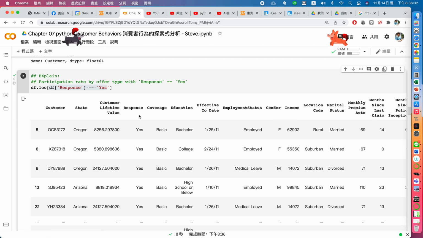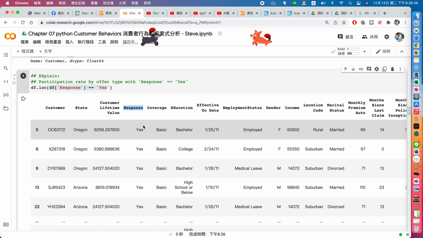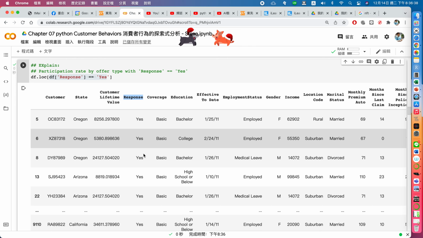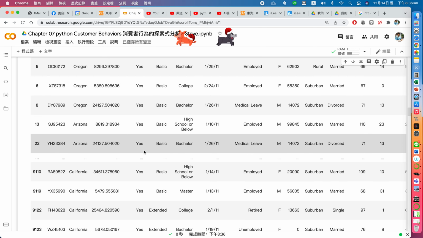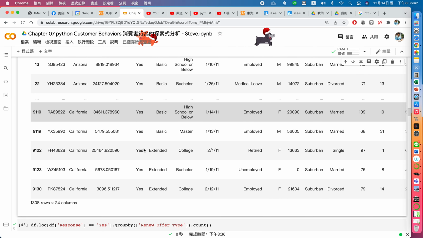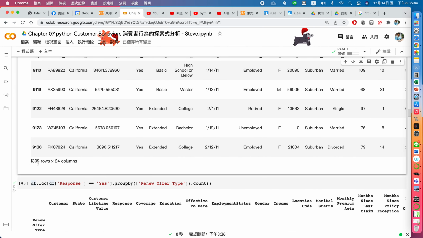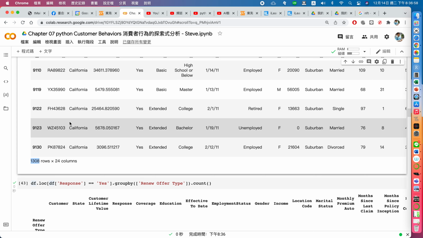Okay, here is retrieving all the responses with yes statements. So how many rows have we retrieved? How many entities do we retrieve? We retrieve 1,308 rows.